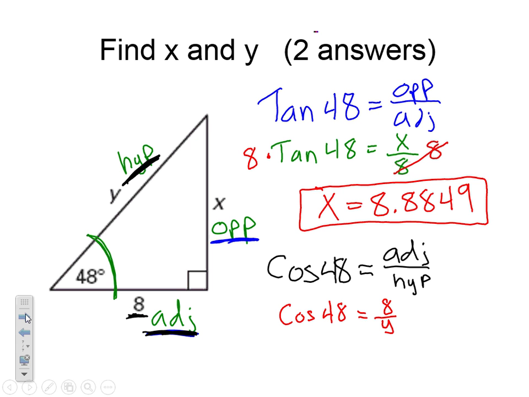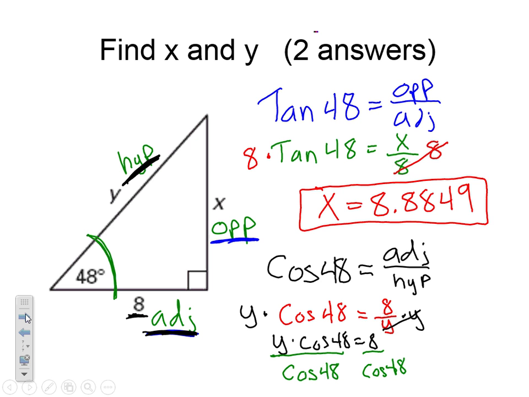Now we have to get the y by itself. This one's one that takes a few more steps. Multiply both sides by y. These are going to cancel. I'm going to get y times the cosine of 48 equals 8. Then to get y by itself, I'm going to divide both sides by the cosine of 48.